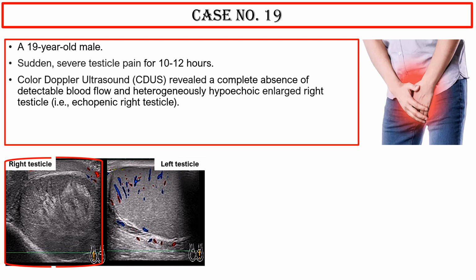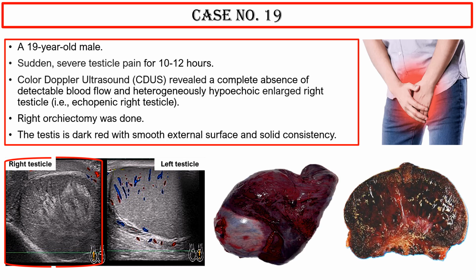Color Doppler ultrasound revealed a complete absence of detectable blood flow and a heterogeneously hypoechoic enlarged right testicle, that is, echopenic right testicle. Right orchiectomy was done. The testis is dark red with smooth external surface and solid consistency.